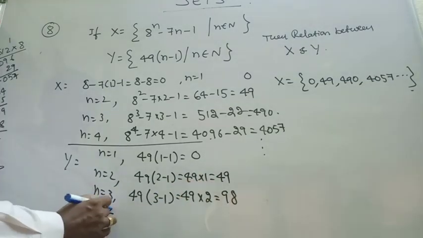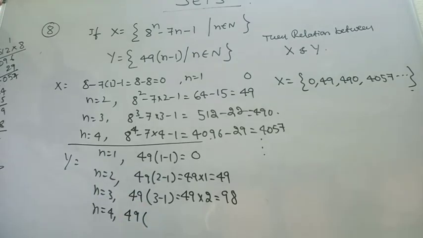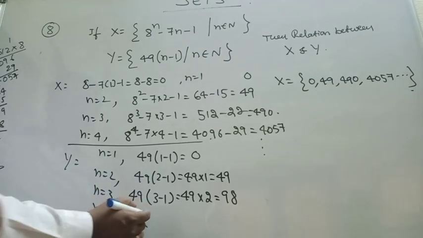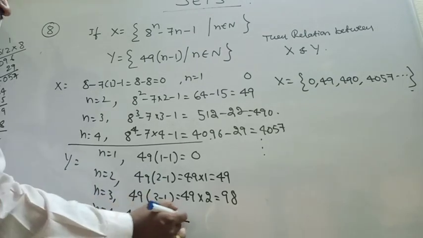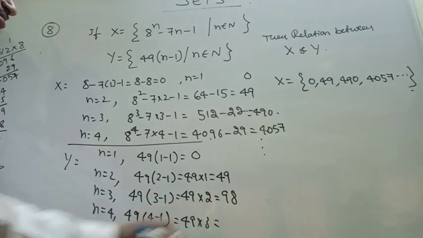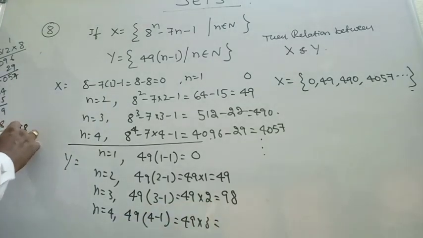When n is equal to 4, 49 into 3, that is 147.